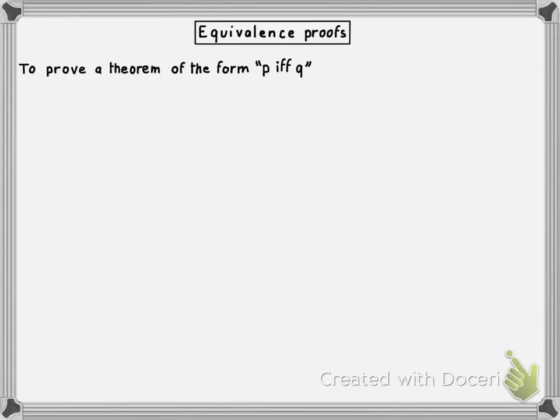Now, fortunately, the technique we're going to discuss now is just a slight variation on the previous one, so it's really not much new. Now, how would you prove the theorem P if and only if Q?